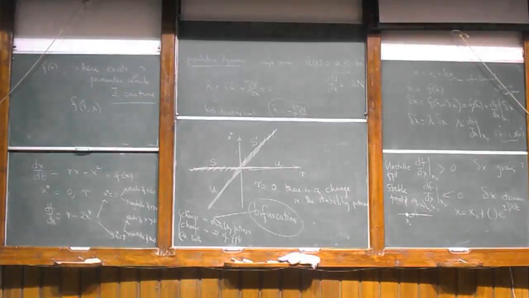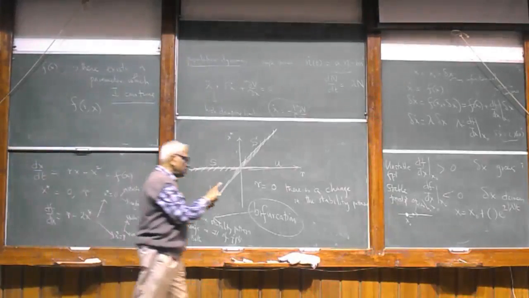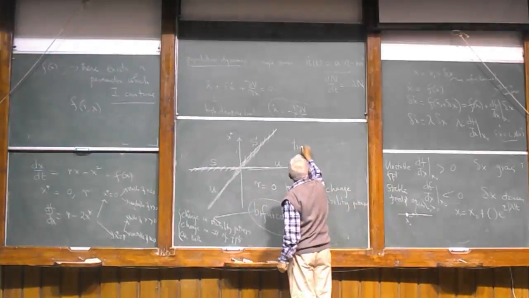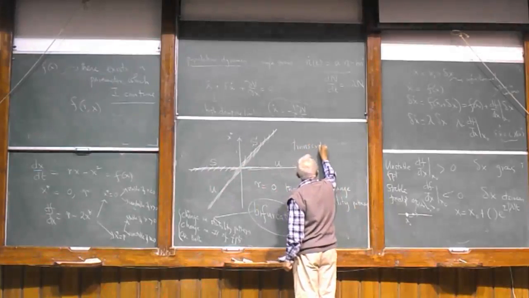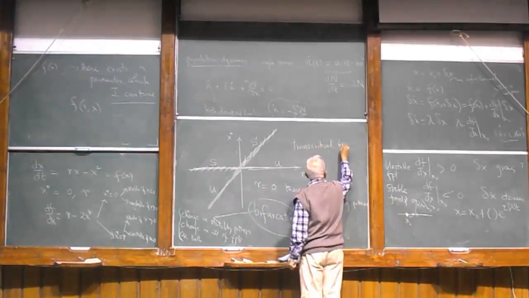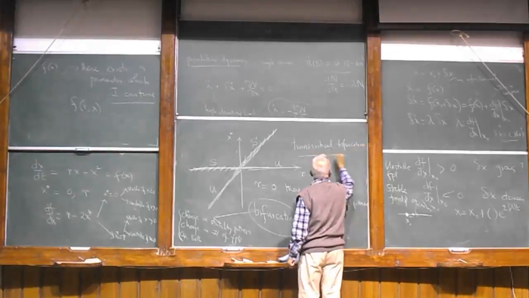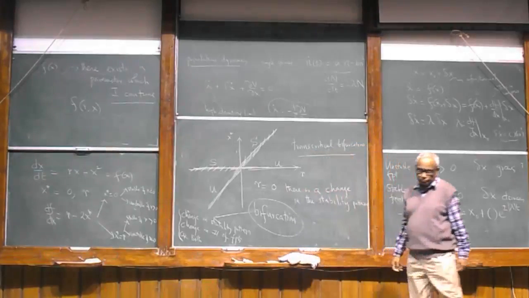And in this particular case, where the number of fixed points has not changed, they have just exchanged their stability, one calls it a transcritical bifurcation.